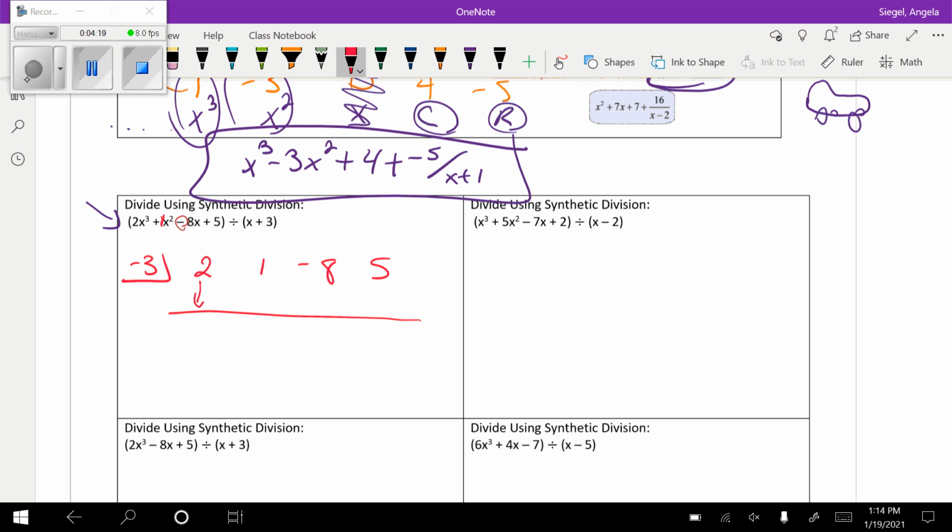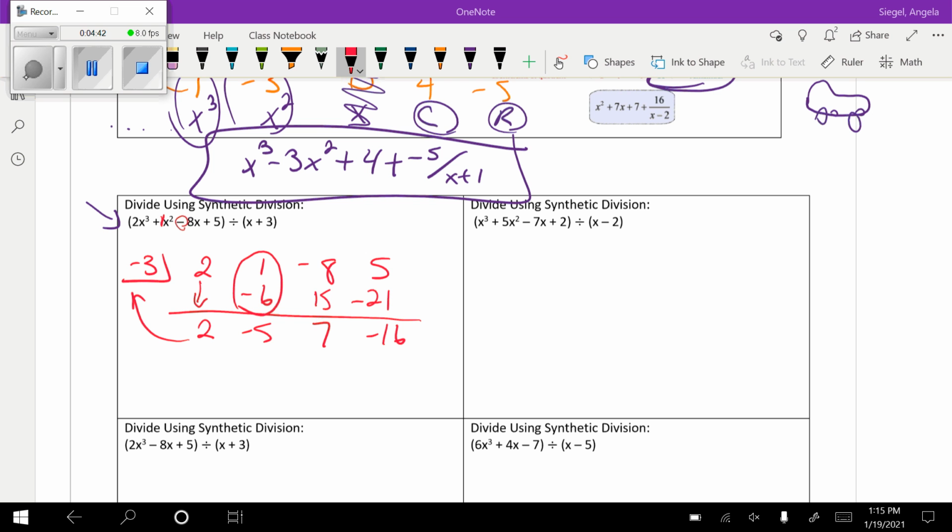Okay, so first step. Drop this number, and any number down here we're going to multiply by this number, and our answer goes there. So 2 times -3 is -6, and it goes there. Don't forget, we're going to add these together. So I get -5, and then repeat the process. See if you can finish that.